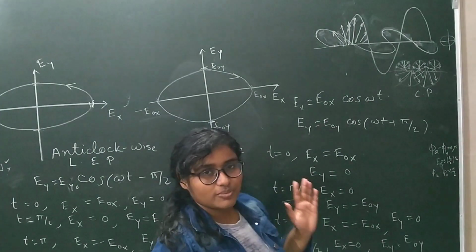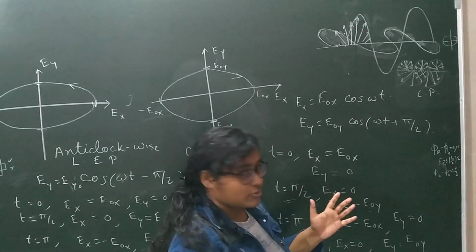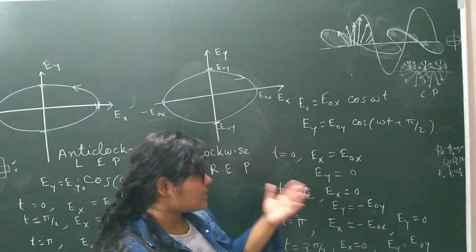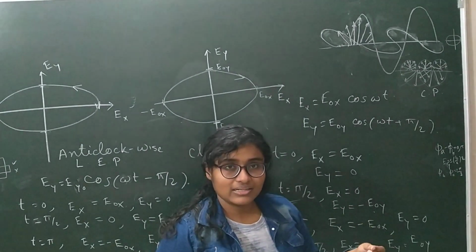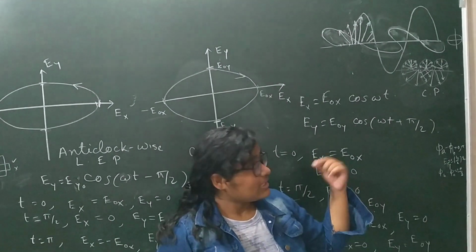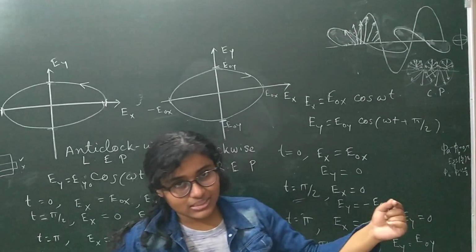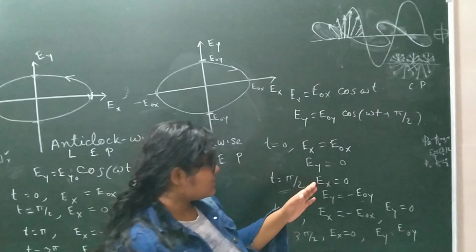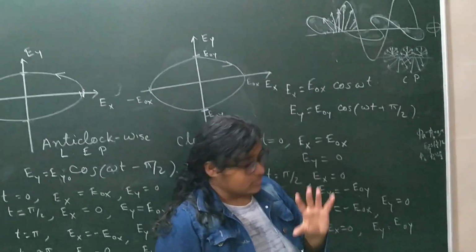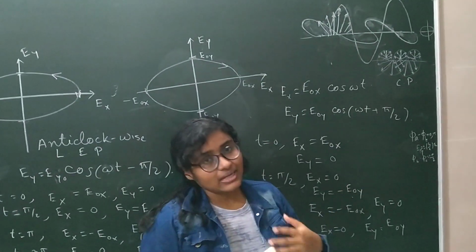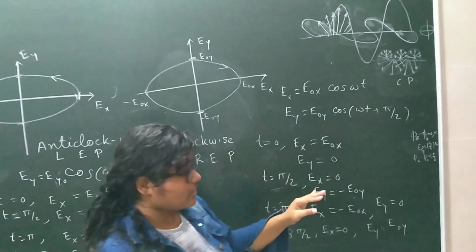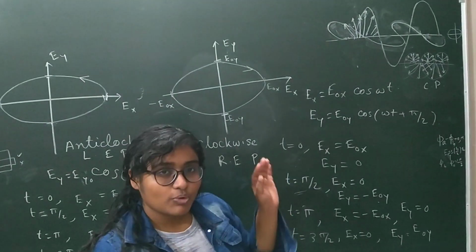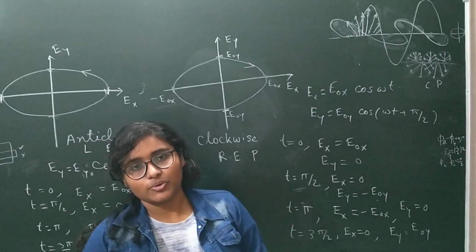If the phase difference between them is plus pi by 2 or minus pi by 2, that will be circularly polarized light, provided that the magnitudes of the electric field vector along x and along y are the same. And third is when the phase difference is anything except 0, pi, or pi by 2, this is the most general case, that is elliptically polarized light.